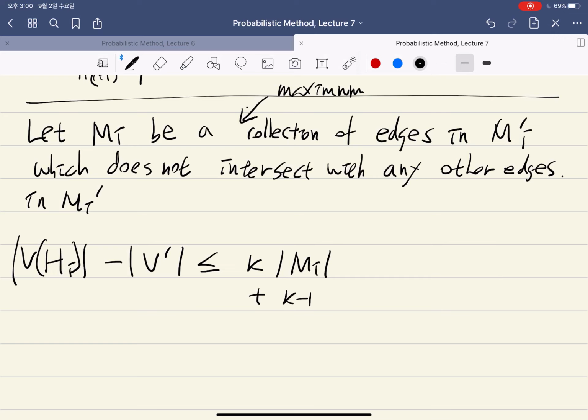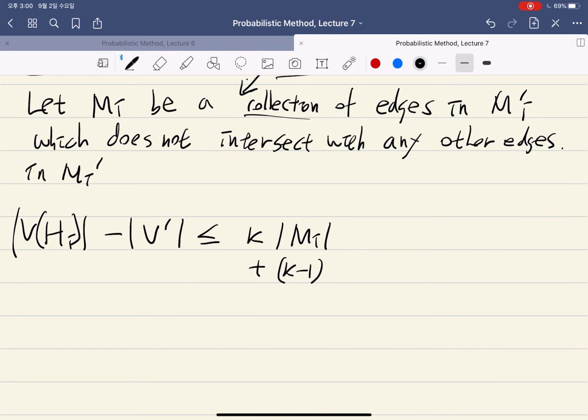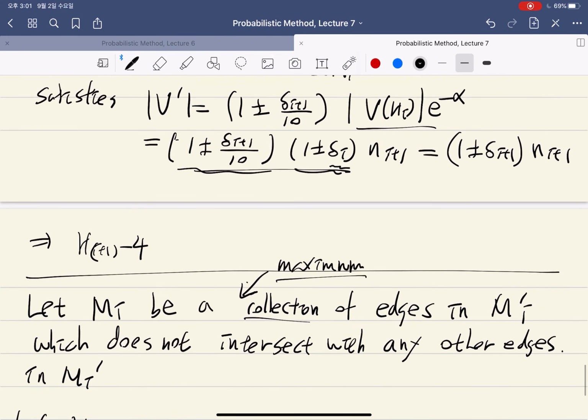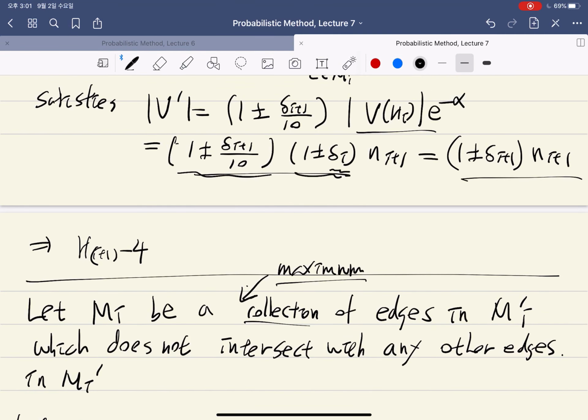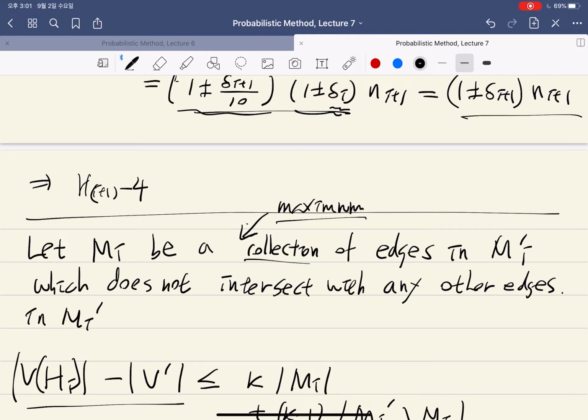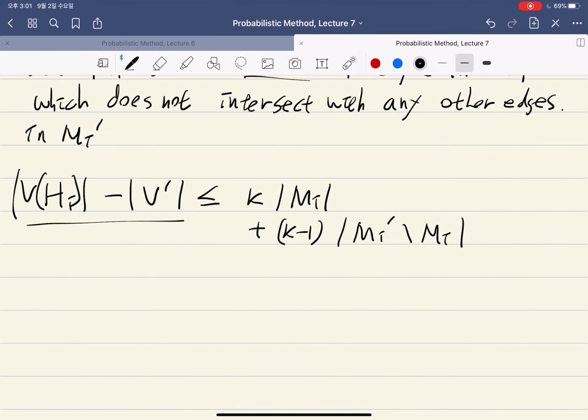And then all the remaining ones, because this is a maximum collection, occupy at most k plus 1 vertices. Then this is an upper bound. And what's this? From here, the previous one has size 1 plus minus delta i, ni, and then the later one has 1 plus minus delta i plus 1, ni plus 1.